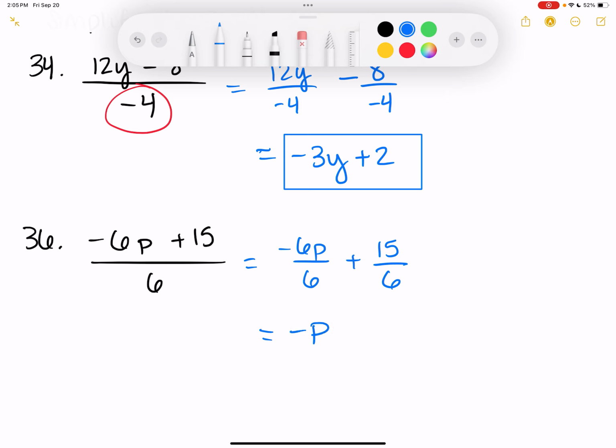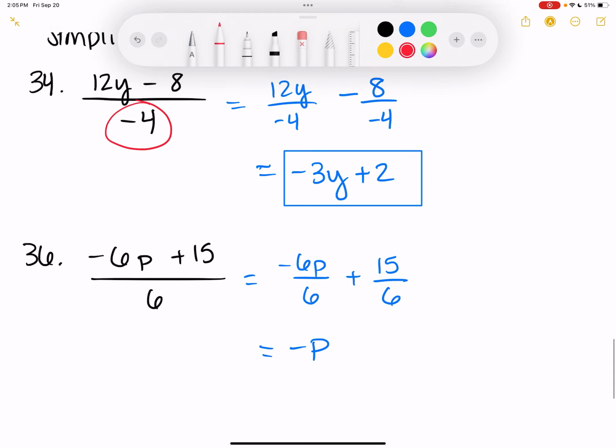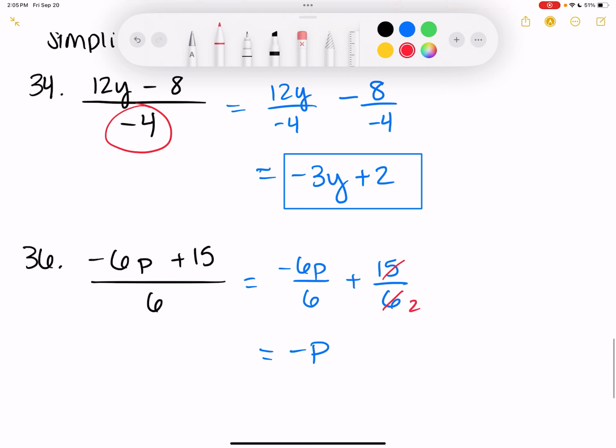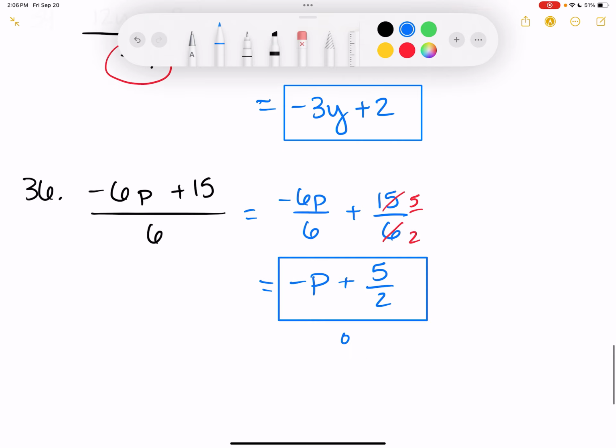You don't have to write the 1; it's understood. What about the 15 over 6 part? 2 and 3 over 6 is 2.5. You can either write it as 2.5, or you can reduce this, take out a 3, and be left with 5 over 2. I'll take it either way. So you can write it as negative p plus 2.5.